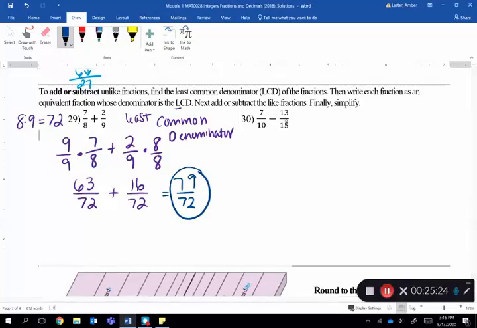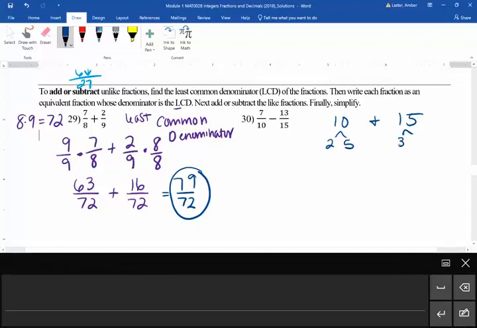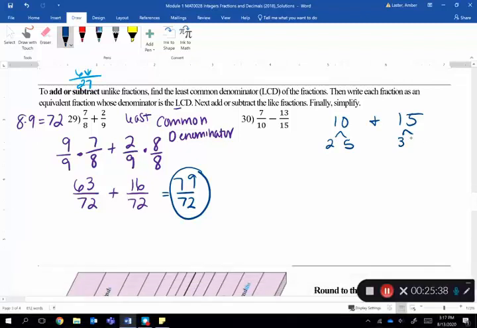Same thing here. Now we have 10 and 15. The other way to do an LCD is to do prime factorization. So if I do prime factorization, I get 2 times 5, and I get 3 times 5. Right? So 10 is equal to 2 times 5, and 15 is equal to 3 times 5.